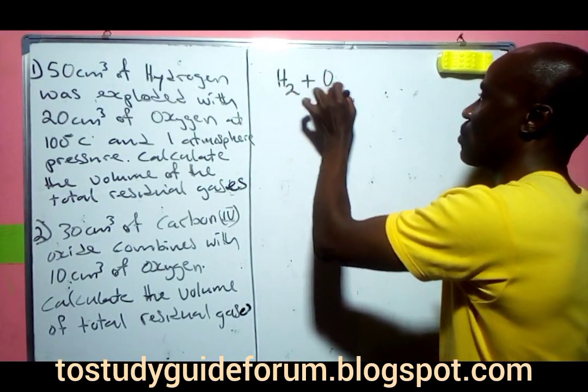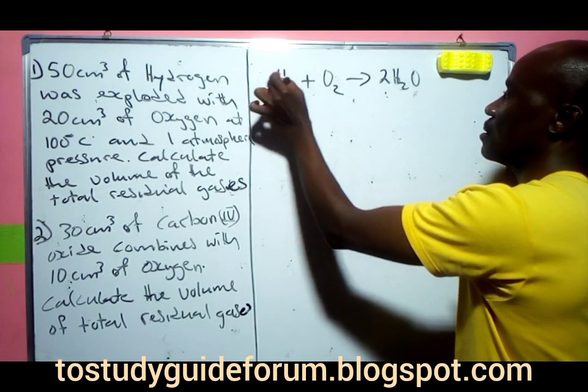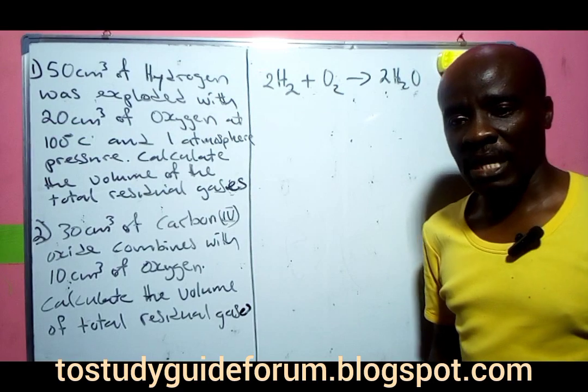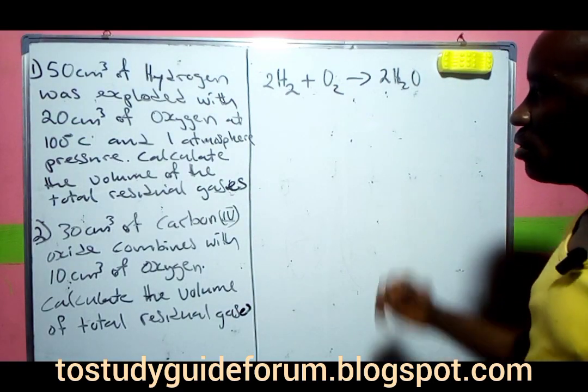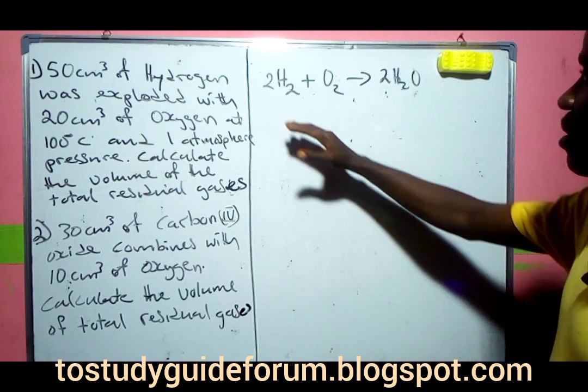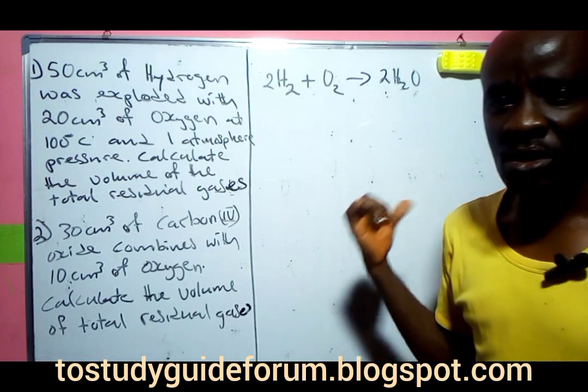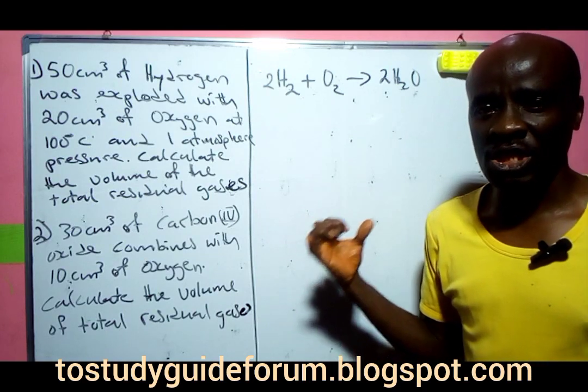The balanced chemical equation is something like this. According to Gay-Lussac, we find that 2 cm cube, because he said that they react in volume, which is in simple ratio.